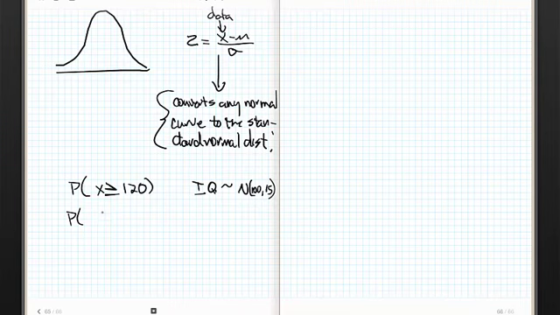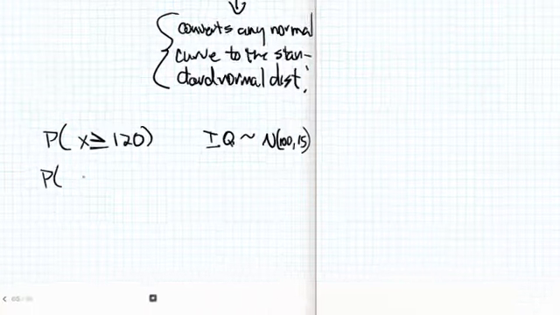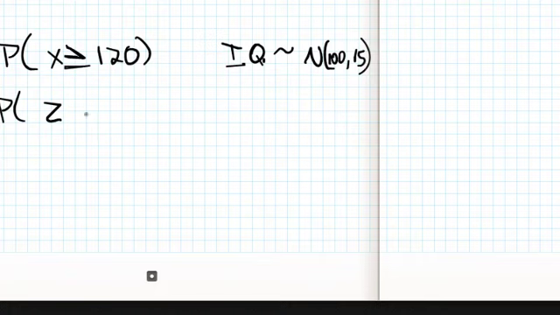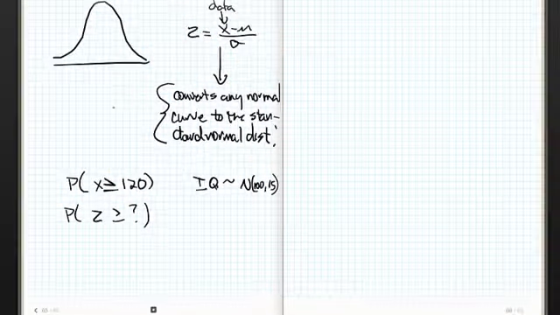This is exactly the same as saying, what is the probability that a Z-score is greater than or equal to some number? And this formula right here tells me what that number is going to be. So watch how this works.